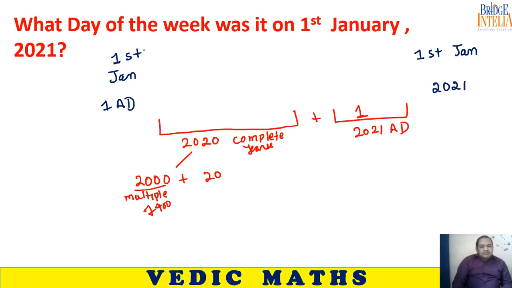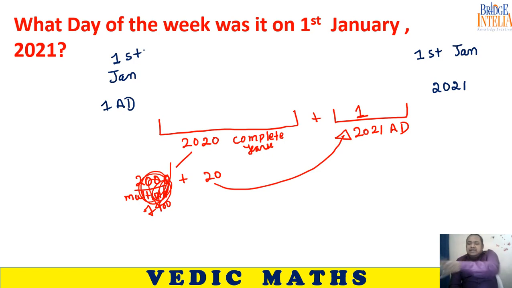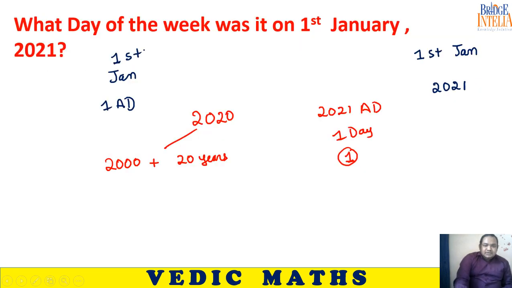So this can be removed. Your answer will be determined from the remaining portion: 20 years plus one more day of the year 2021.